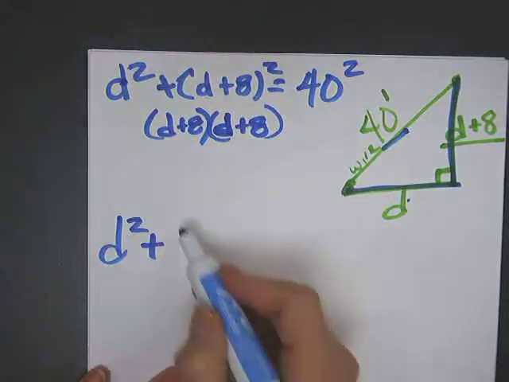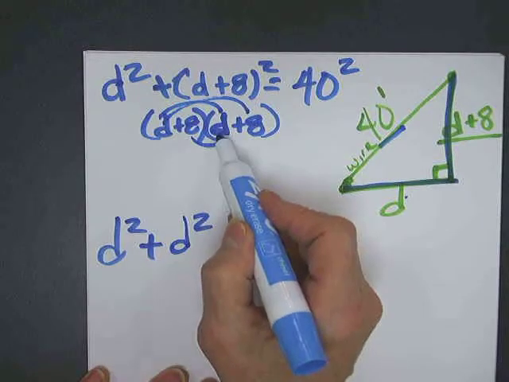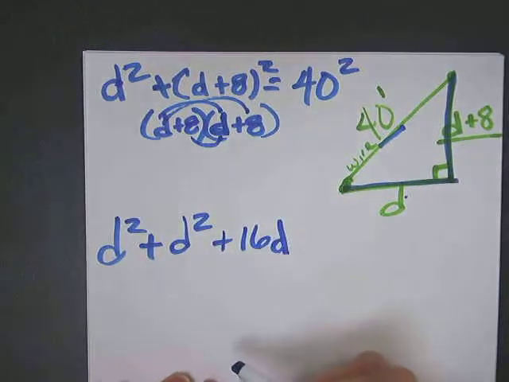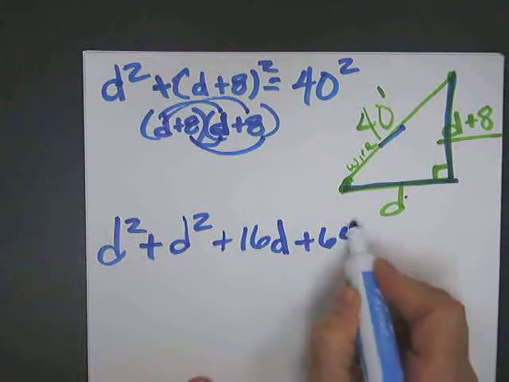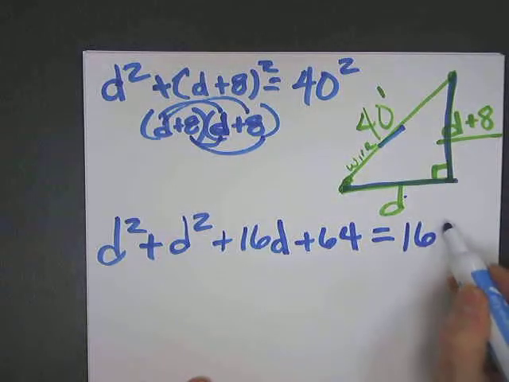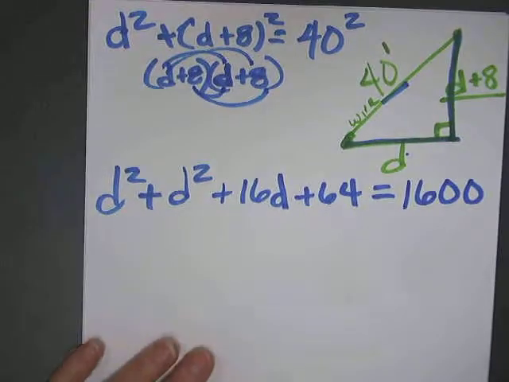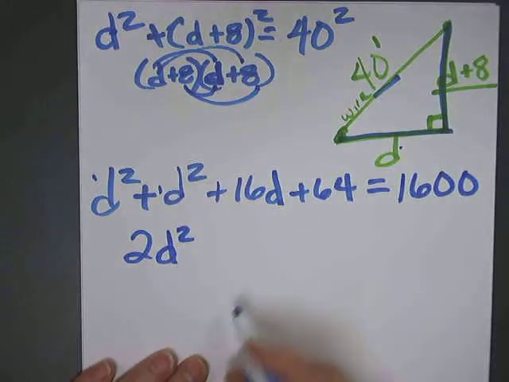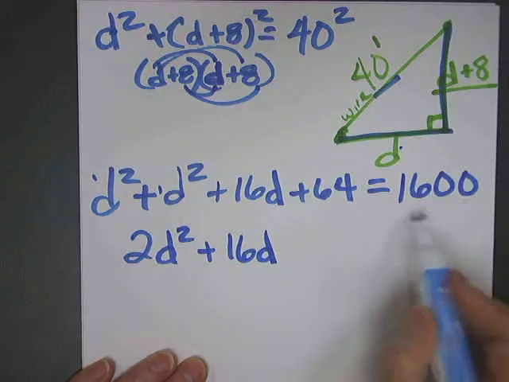We're going to use the what? Pythagorean theorem, remember? a squared plus b squared equals c squared. Using this as a and that as b. So d squared, this squared, plus this squared, the two that make up the right angle, equals c squared, which is our hypotenuse.